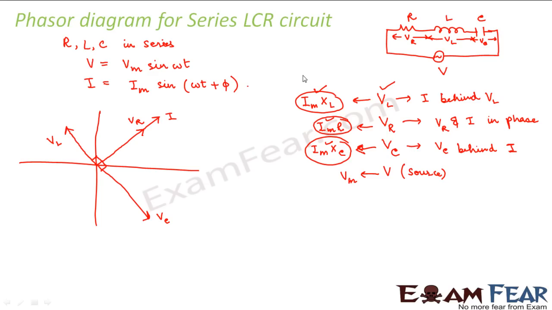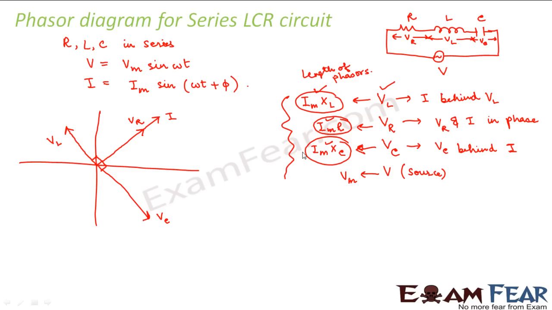So the length of phasors represents these values. That is why you can see that VC is comparatively larger than VL. That's because the value of Im XC is comparatively larger than Im XL, as XL would represent omega L and XC would be 1 divided by omega C, right?